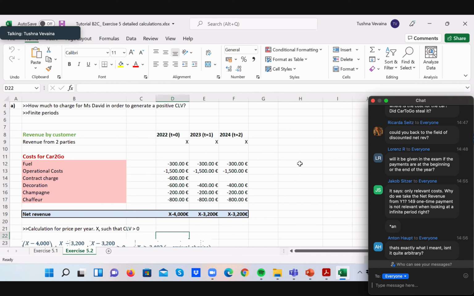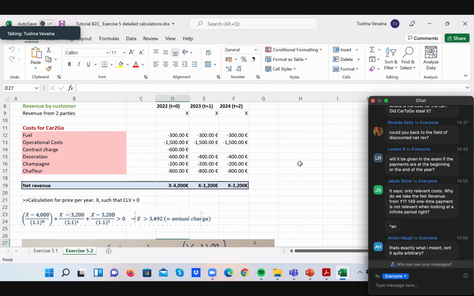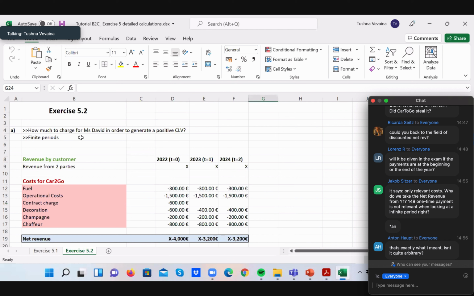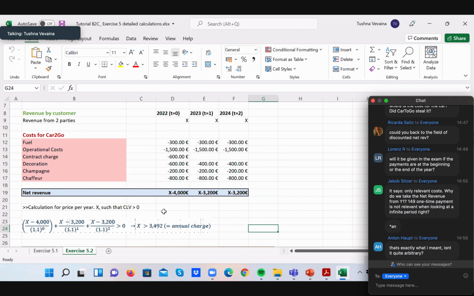And that's why your net revenue is going to be X minus 4,000 and then X minus 3,200 without discounting in your subsequent years. And so when we say we have to see what price, the question is how much do we charge Mrs. David to generate a positive CLV? So we have to see that her net revenue is going to be greater than 0, not equal to 0, greater than 0.